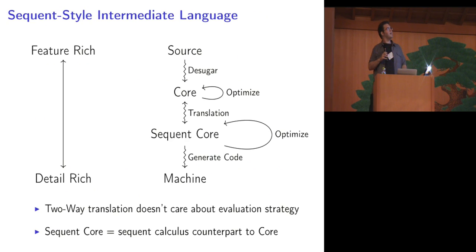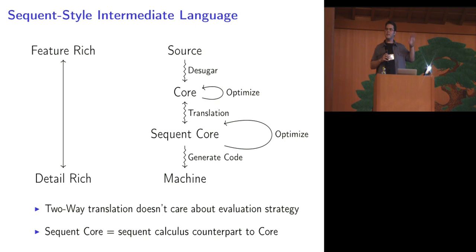And so now let's look at the flow chart for what a sequent-style intermediate language looks like. So it's got a resemblance to the continuation passing style flow, but there's some really important key differences. On the one hand, we've got the translation between Core and Sequent Core, which is the sequent calculus counterpart to the Core language, which is the lambda calculus.